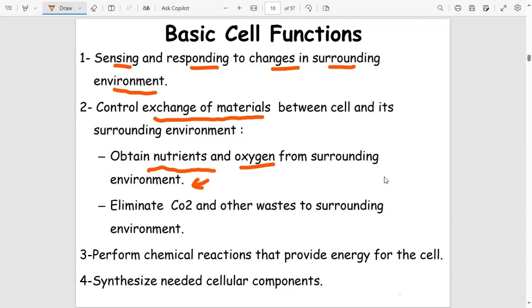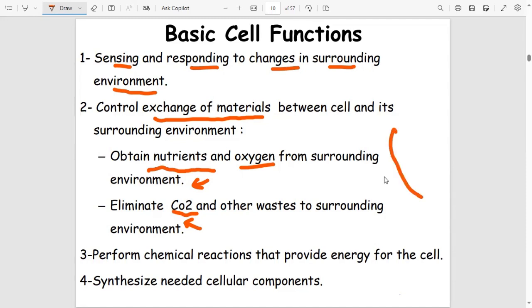And then another function is that they eliminate carbon dioxide. You'll be able to breathe this carbon dioxide out of your body, out of your lungs. So how does that happen? This is all possible because of the cell. For you to breathe out this carbon dioxide, it's all because of the cell at cellular level.